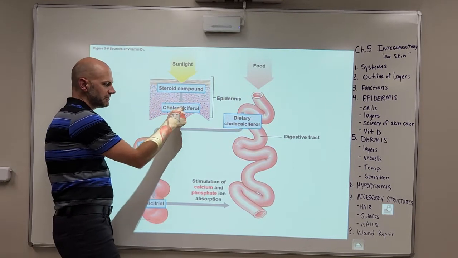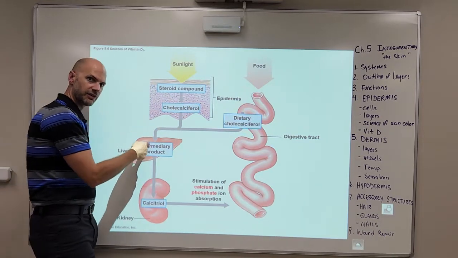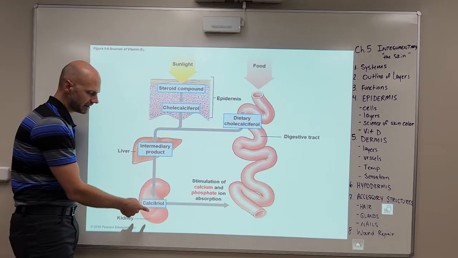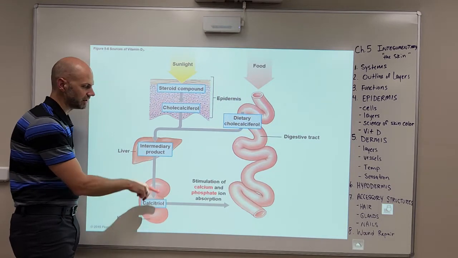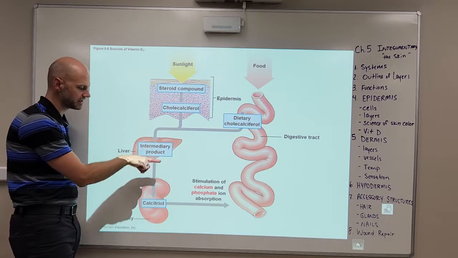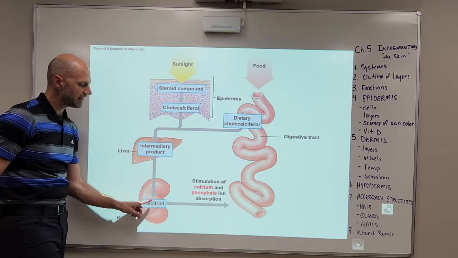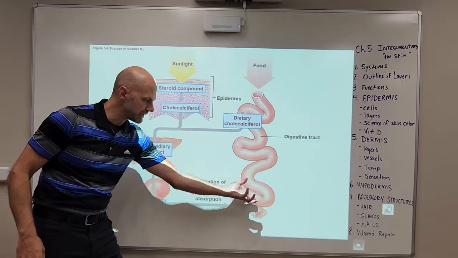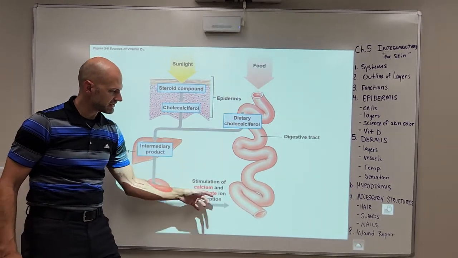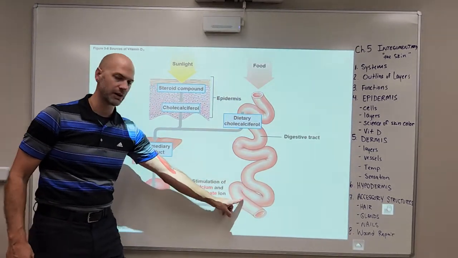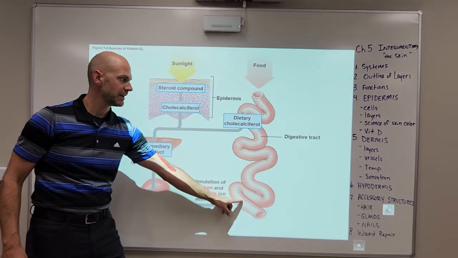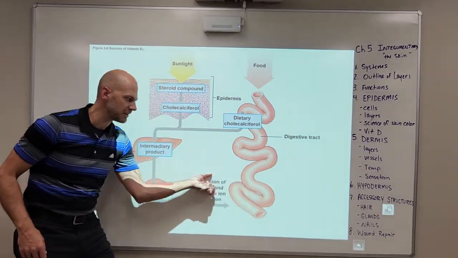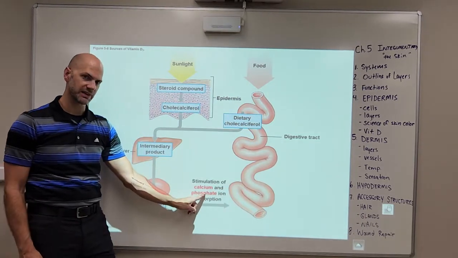And then that vitamin D3 goes to the liver and is converted into something else, and then it goes to the kidney, and then finally calcitriol, that allows some signaling that allows us to bring calcium and phosphate in, or absorb it from the GI tract. So we need this molecule to be present so that we can properly absorb calcium and phosphate.